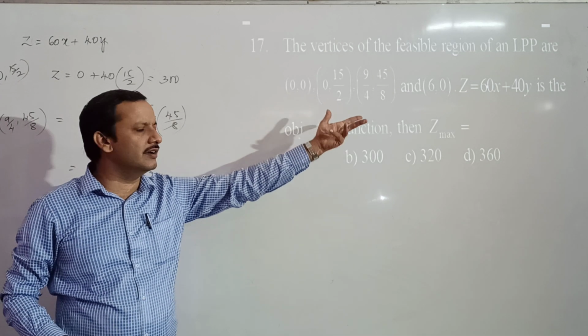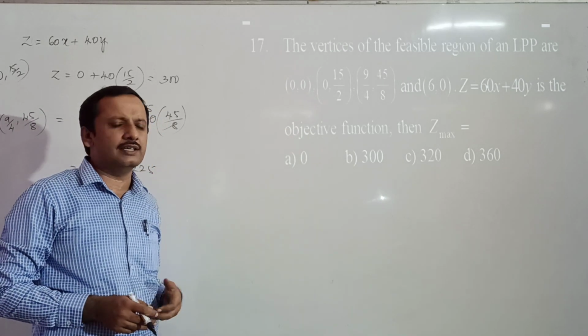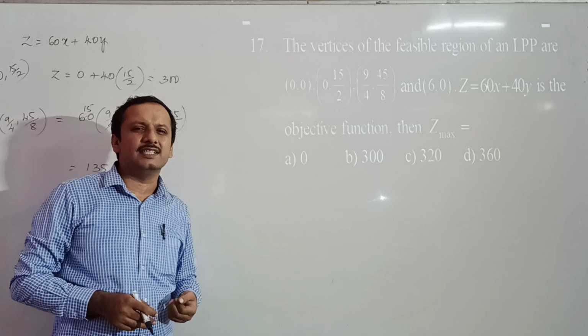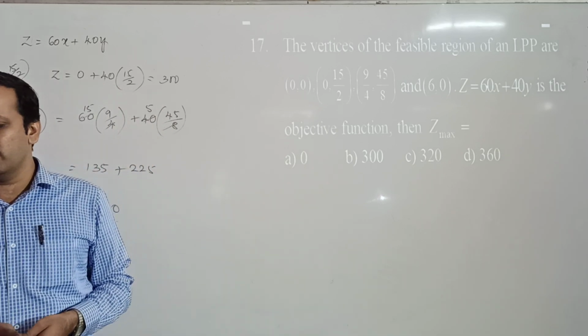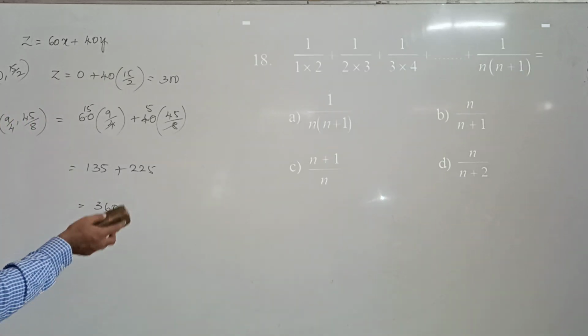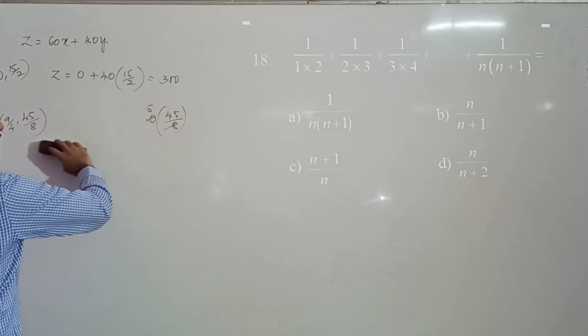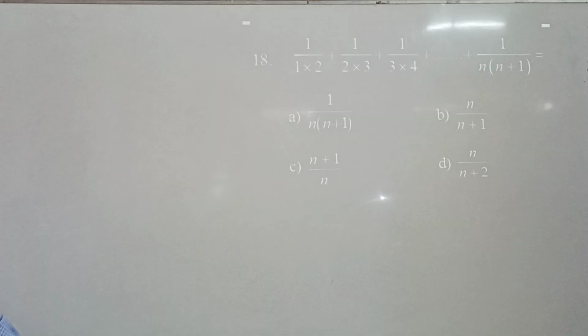You need not find out at 60. At 60 also you are going to get 360 itself. So it attains its maximum at 2 points. But that's not the question. The question is, what is the maximum value? Answer is 360. Okay. The 18th question. 1 by 1 into 2 plus 1 by 2 into 3 etc. up to 1 by n into n plus 1 is equal to.